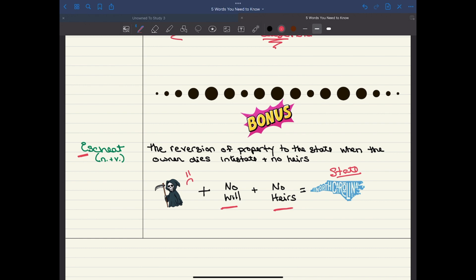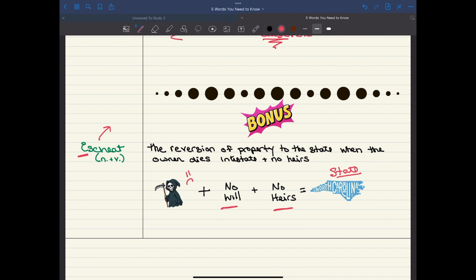Now, I'm in North Carolina, so that would be, of course, North Carolina's ownership, but whatever state you may live in. When somebody dies without a will, they have no heirs, we don't know what to do with their property, so it escheats to the state. It becomes the property of the state. And an even further bonus is that you can remember escheat is one of the 4 powers of government.